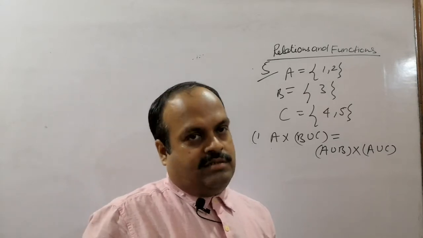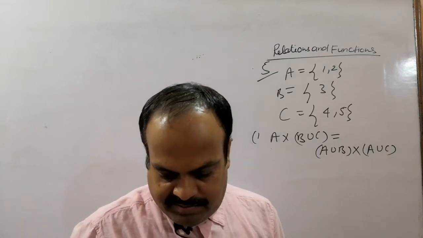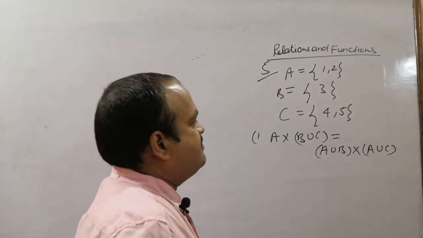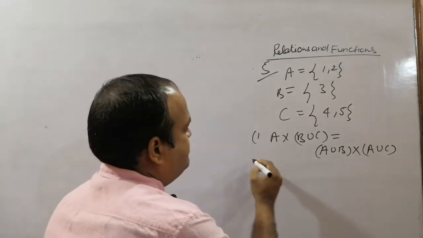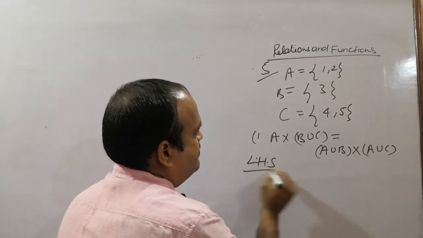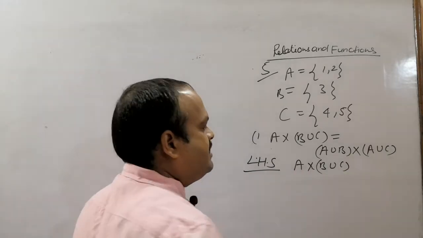Let us see whether this is correct or not. So, start with left hand side, which is A cross (B union C).